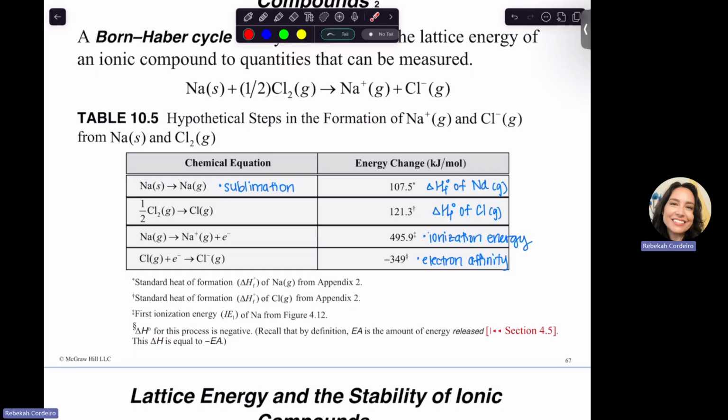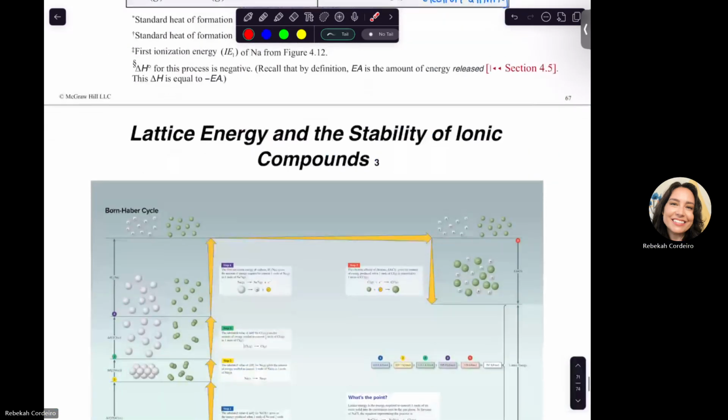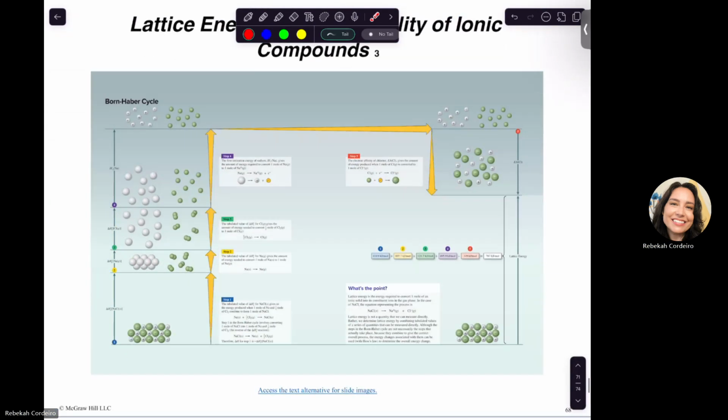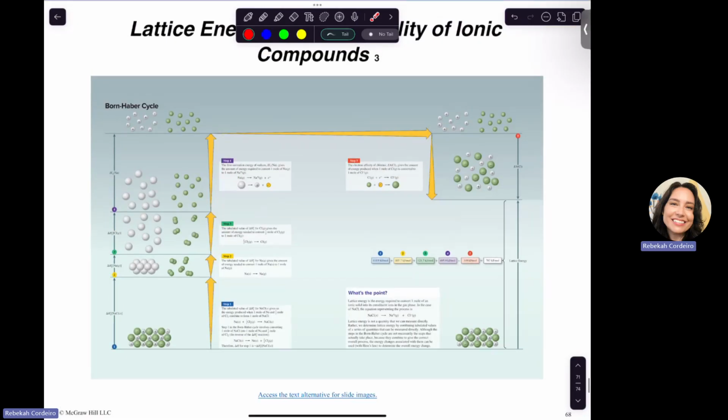So we have these processes, and we can think about these as chemical equations and then use Hess's law to rearrange these to get the equation that we want. So this is called the Born-Haber cycle, and this is a process that we can use. It is basically just Hess's law, and it's a state function.